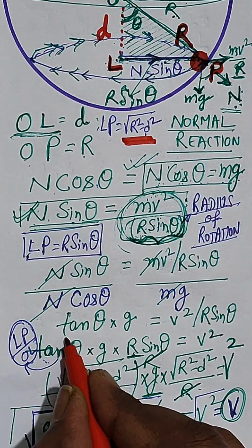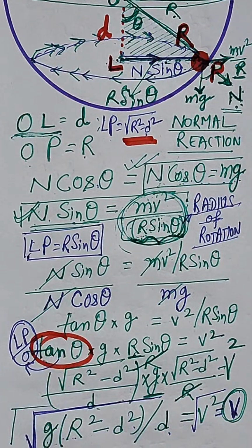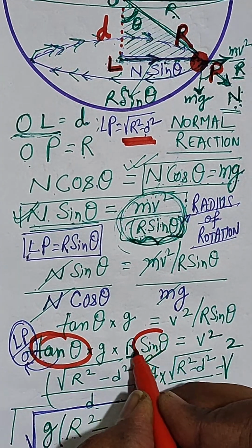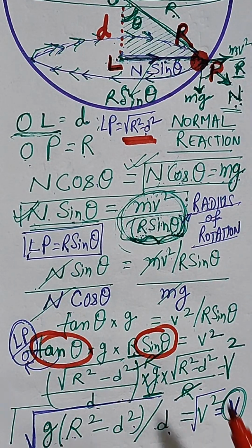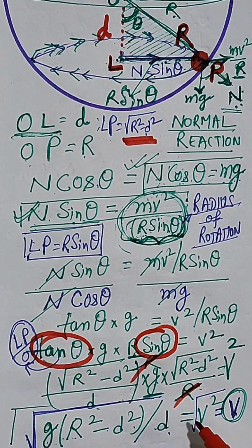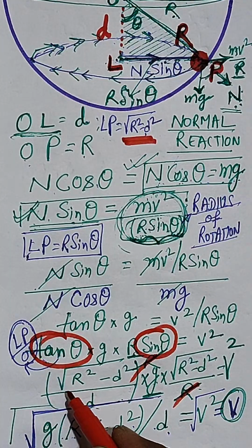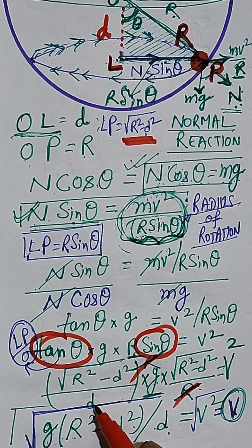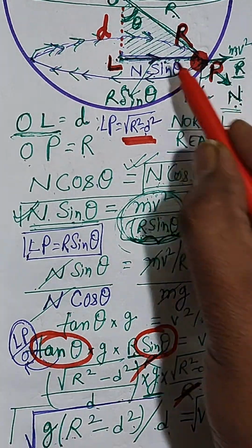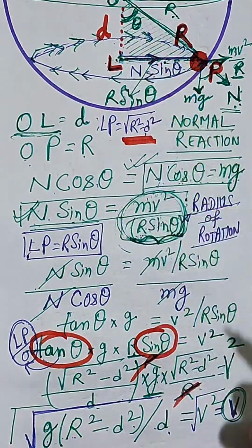Now just put in the value of tan theta and sin theta. And g and r are already there. Here R and R will be cancelled out, and tan theta is root over R square minus D square by D, because tan theta is LP by OL.